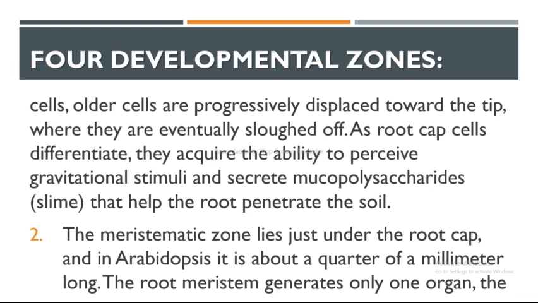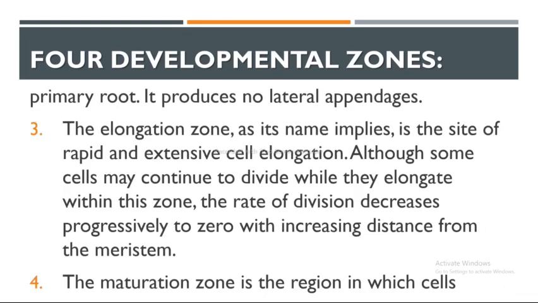And the second is the meristematic zone, which lies just under the root cap. In Arabidopsis, it is about a quarter of a millimeter long. The root meristem generates only the original primary root, and it produces no lateral appendages.